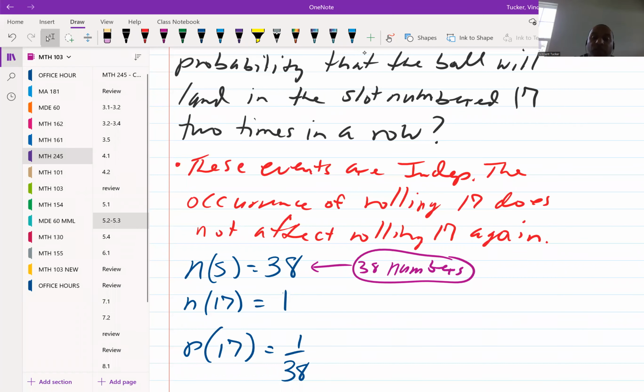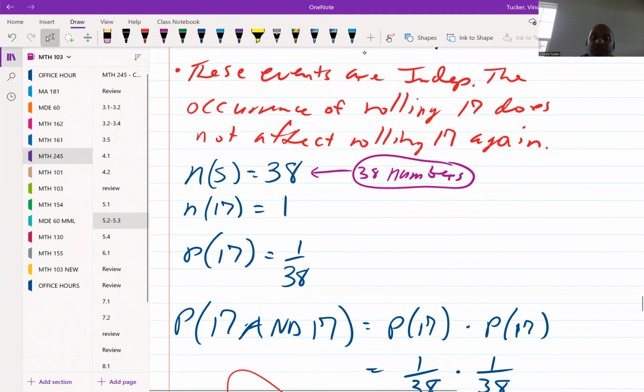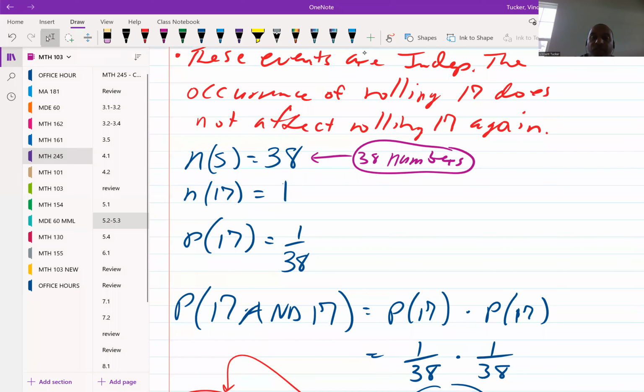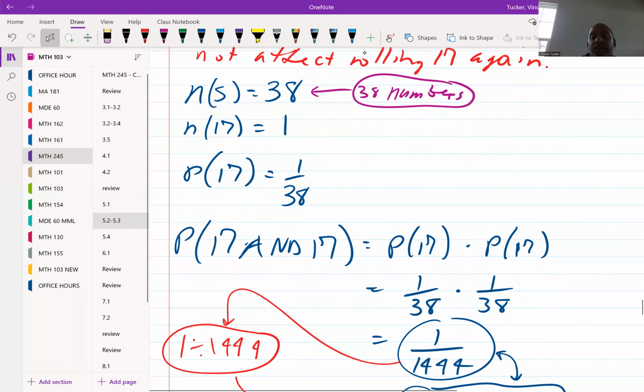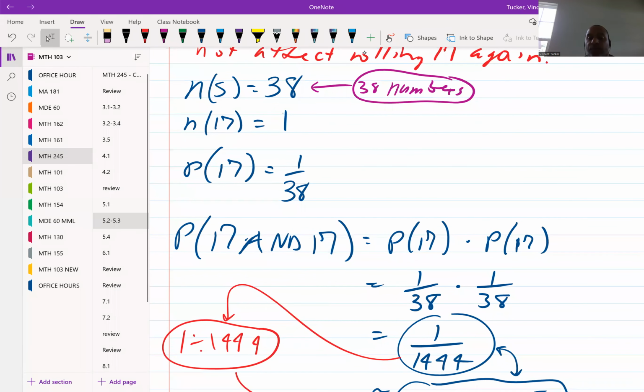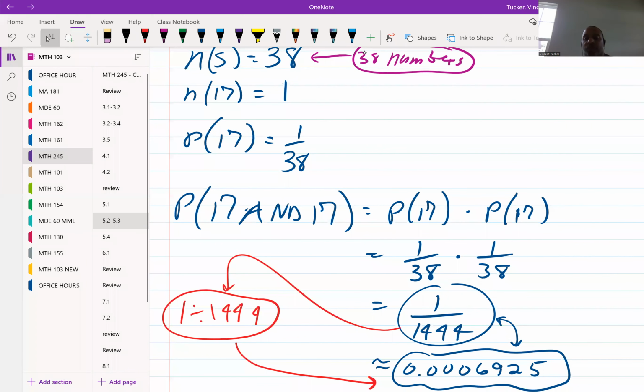Okay. So since they are independent, that means we just take those probabilities of 1 out of 38. We talk about 17 twice. So it's 1 over 38 times 1 over 38. And that'll be 1 over 1444, which is 0.0006925. And of course, MyMathLab will let you know which form they want from you.